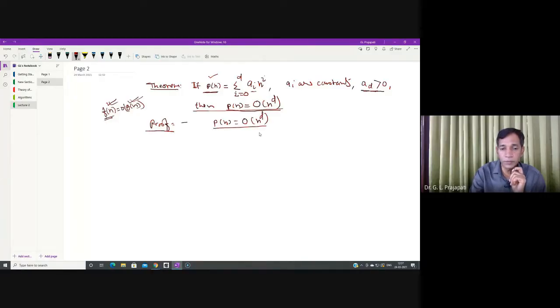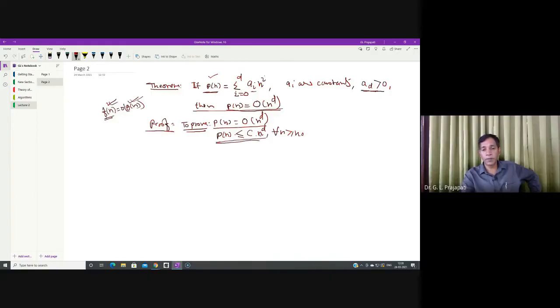We need to prove that P of n should be less than or equal to some positive constant C times n to the d for every value of n greater than or equal to n0.